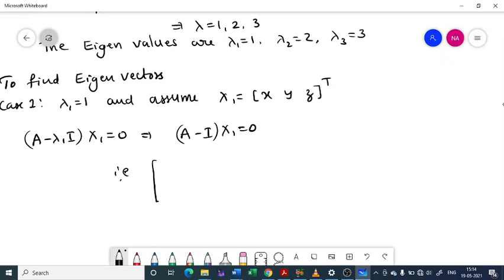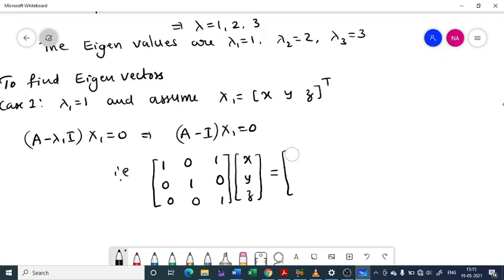Earlier we had 2 here, but after subtracting 1 it will be 1 0 1, 0 1 0, 1 0 1 times (x, y, z) equal to the zero vector.